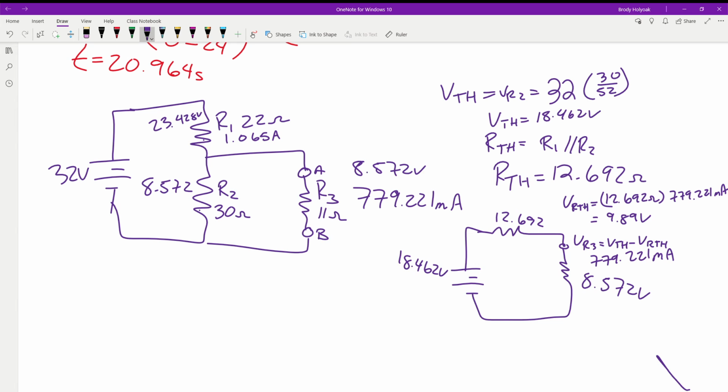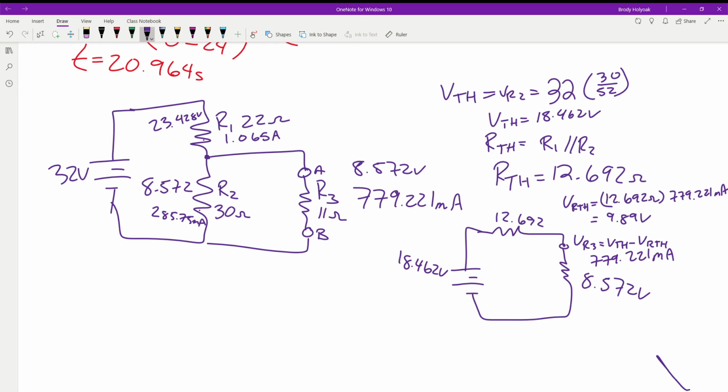Okay? So if we have 1.65 amps coming down and through here as our total, we have 779 splitting off. How much do we have going through R2? How much did we have? 285. Okay. Does that make sense, Simon?